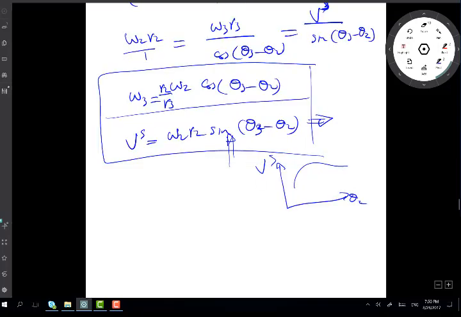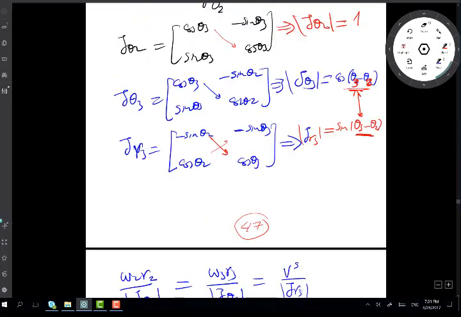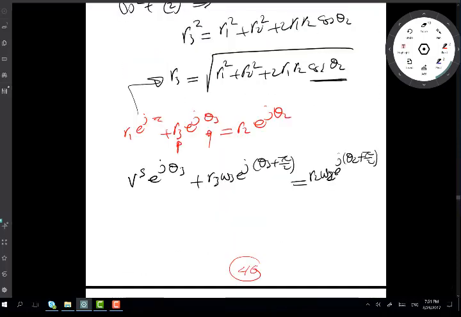Don't forget that theta 3 is a function of theta 2 as well, from the position analysis, right? And we can write this expression here if we wanted.